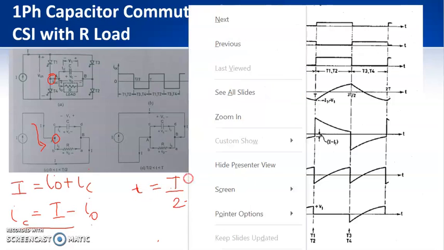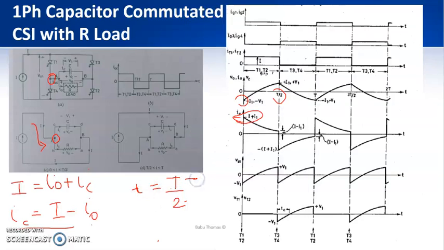At that time, I0 is approaching plus I1. Therefore, substituting in this equation, I can write IC is equal to I minus I1. So that is being plotted over here.